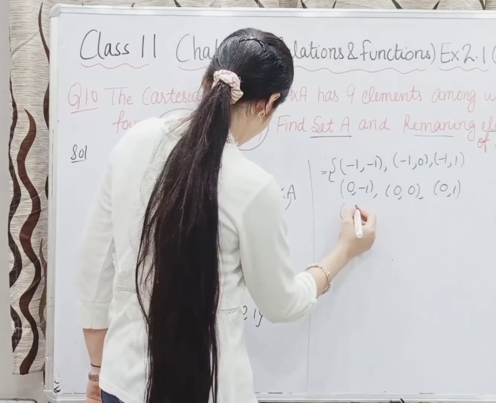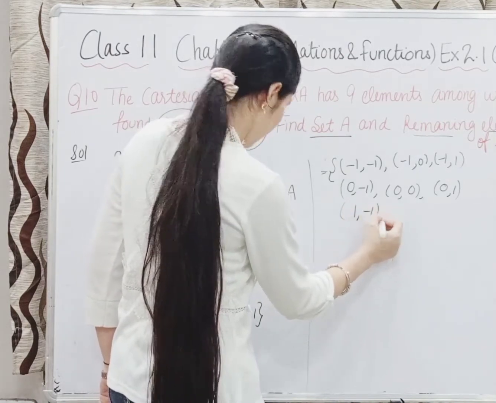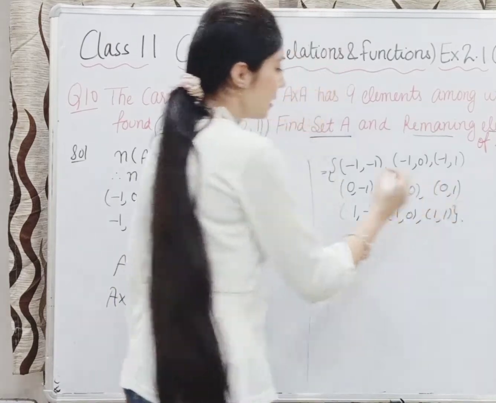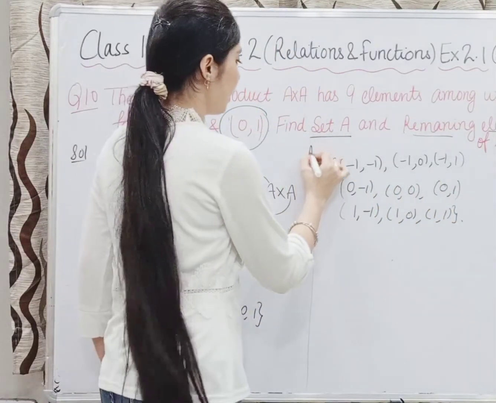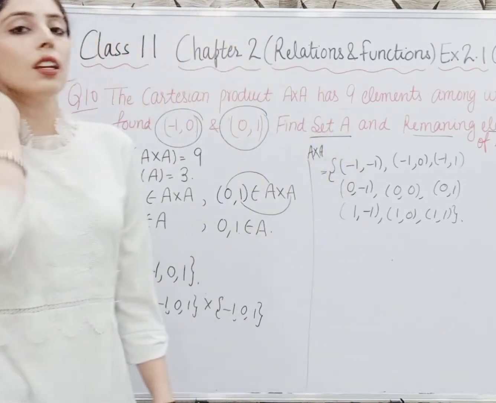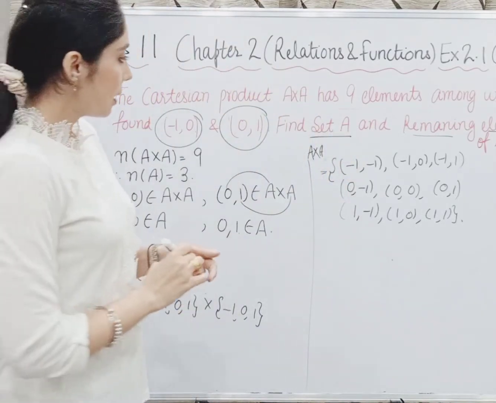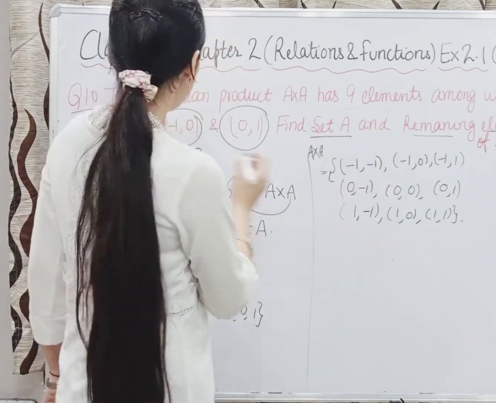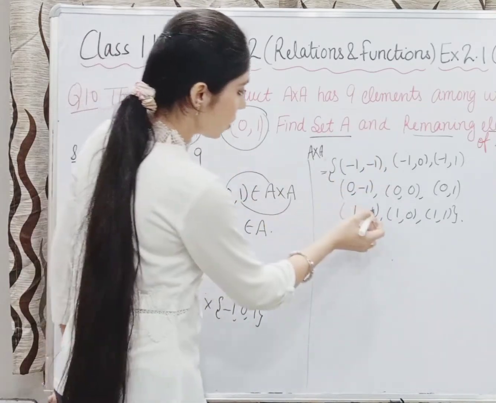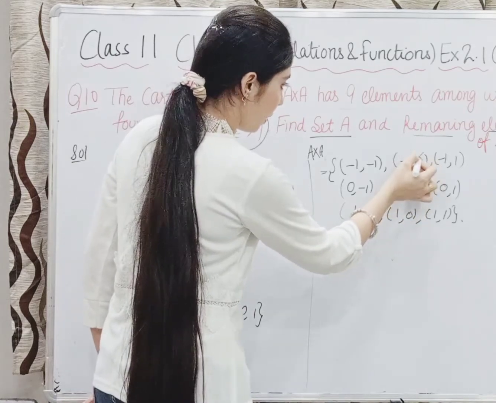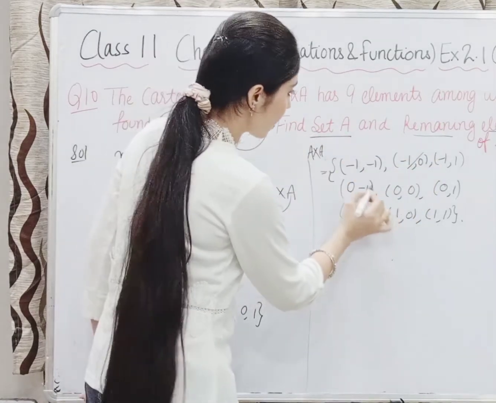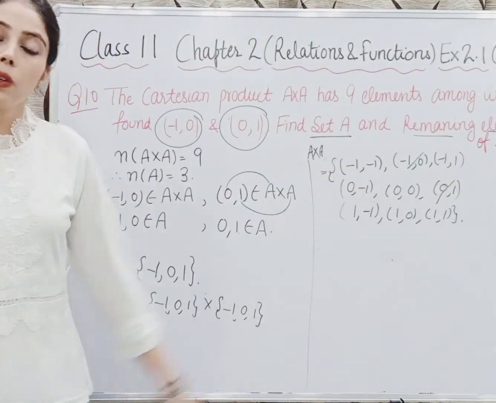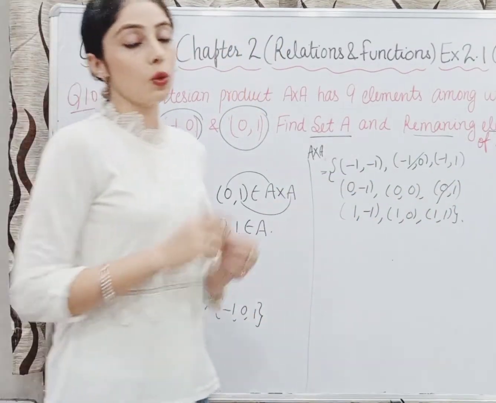Next will be (1, -1), (1, 0) and (1, 1). These are the 9 elements in the Cartesian product of A and A. So the remaining elements are: (-1, 0) will be discarded, and (0, 1) will be discarded. So these 7 are the remaining elements of the Cartesian product A cross A.